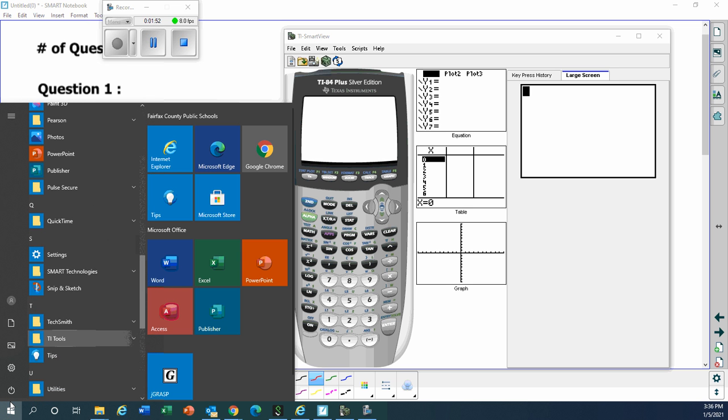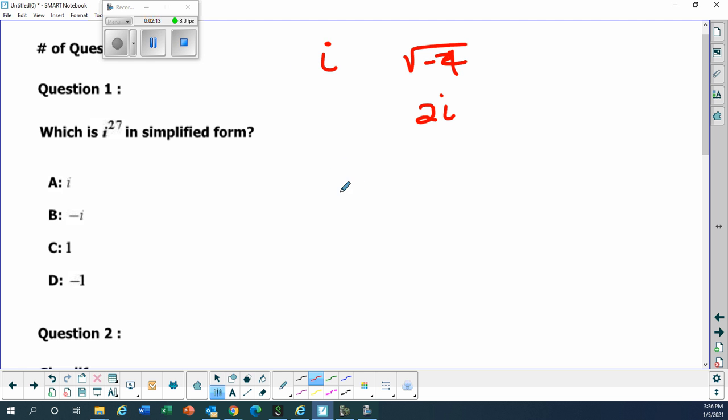In T you'll find the TI tools. When you click on it, you should be able to see this. If you are not able to see this, just go to any FCPS school and restart your computer. It should download the TI Smart View. If not, then I'll show you how to do it.